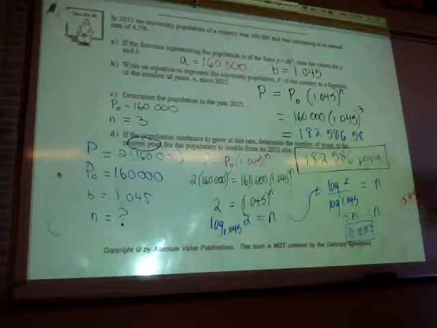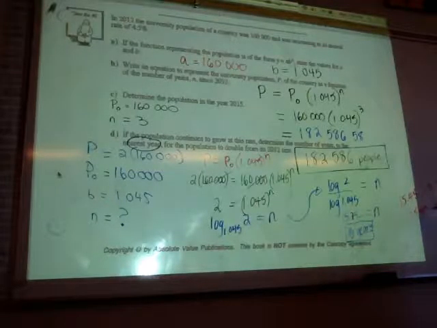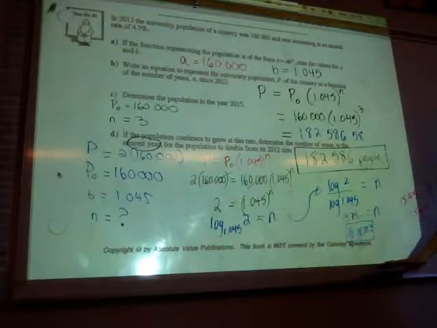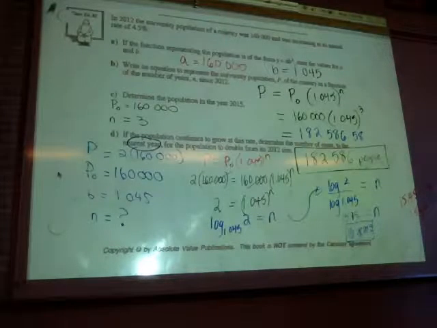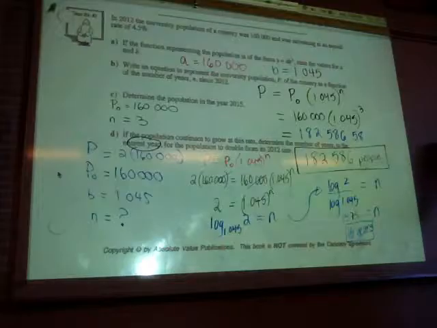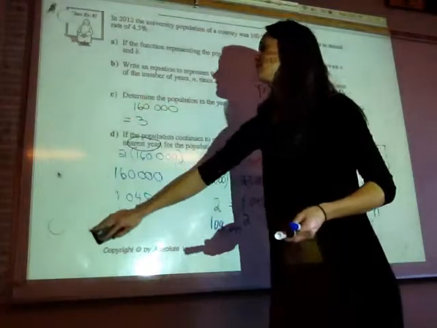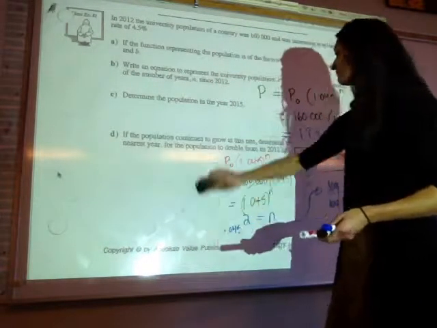But if we're speaking contextually, then technically after 15 years, do we have double the population? No, so it would actually take, if we're talking about whole years, 16 years. So it just depends how they're asking it. If they say to the nearest year, you would say 15 years in this case. If they're asking contextually, it would actually have taken 16 years for it to double, not 15. It's a bit tricky, but you just have to think about how they're asking it.